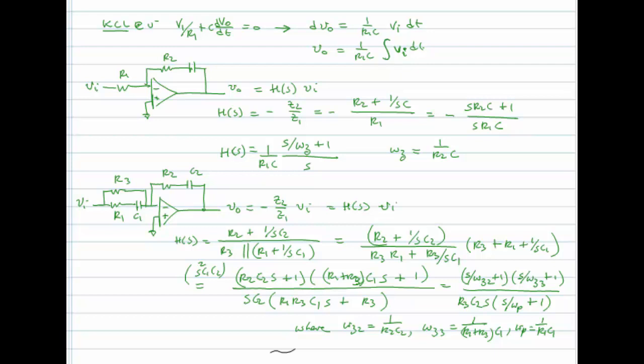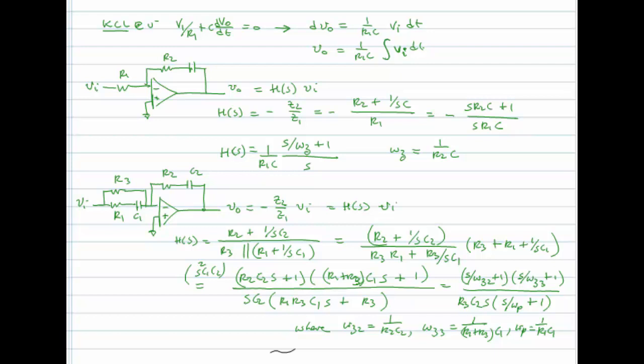So what I'm pointing out here is that you can readily write the transfer function, and therefore the output voltage of an op-amp filter as a function of the input, by simply harnessing the VI-VO relationship of an inverting op-amp as being minus Z2 over Z1, and then substituting Z2 and Z1 with the appropriate combined impedances.